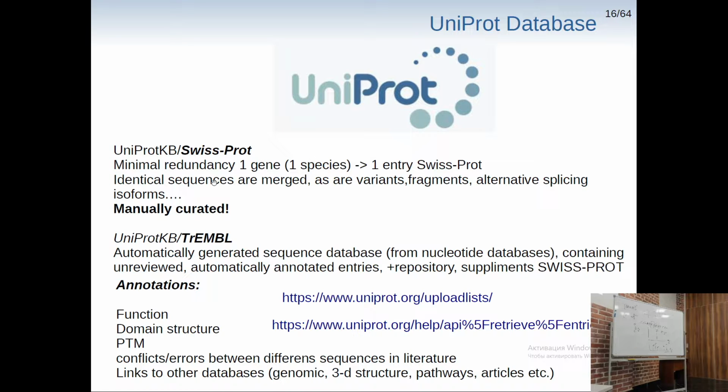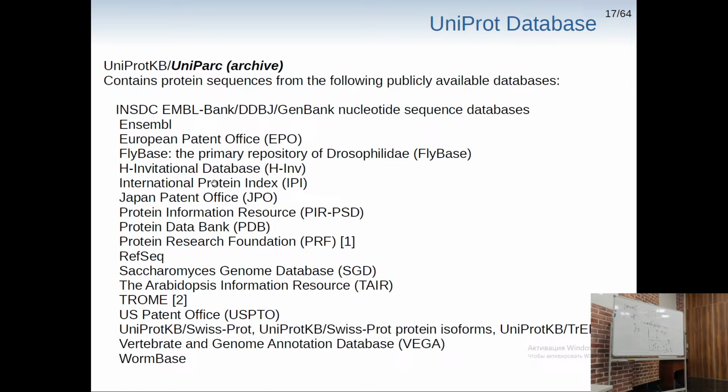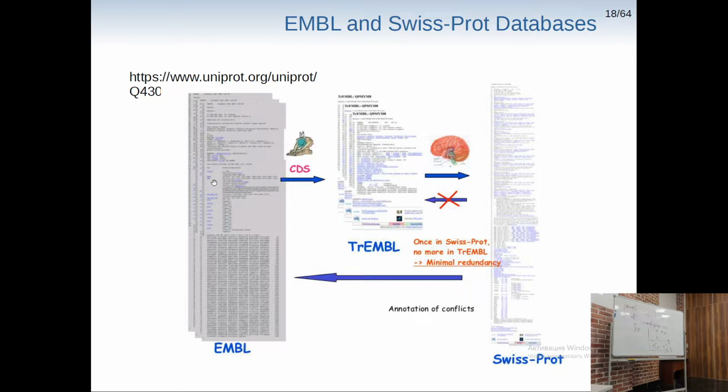And the database which was named TrEMBL before, everything that was sequenced goes there, and then only after manual curation it gets into SwissProt. SwissProt actually also has an archive which includes data from those databases which were previously available.